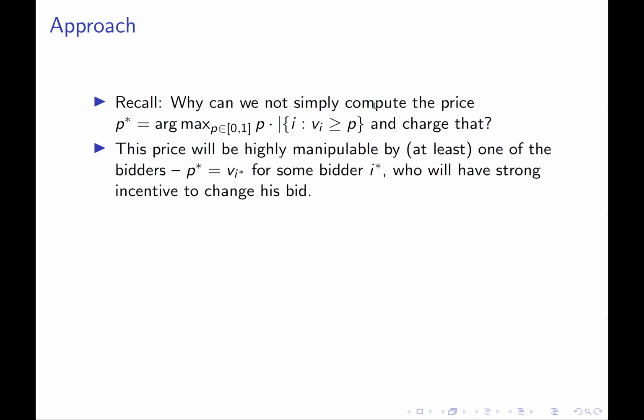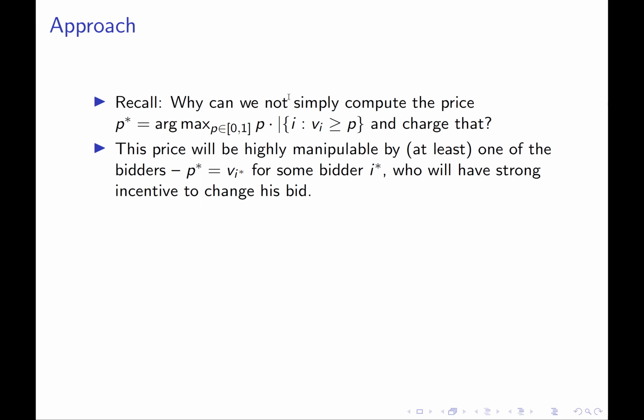And the reason is that this is a mechanism that is not dominant strategy truthful, and in fact, it's not even a little bit dominant strategy truthful. This is a mechanism that will be highly manipulable by at least one of the bidders. And that's because for any particular collection of bids, we argued early on that the price that will maximize revenue is actually equal to one of the bids.